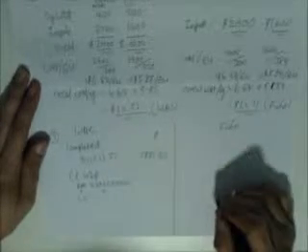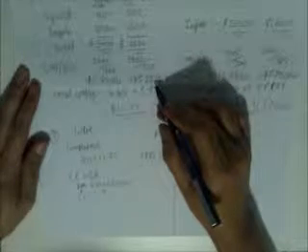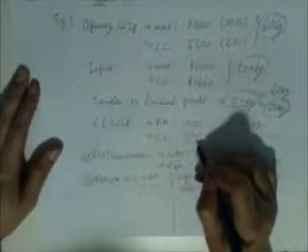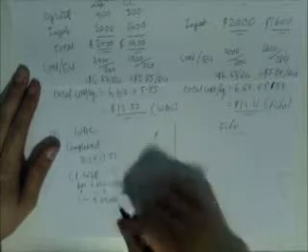Plus, my conversion cost per equivalent unit is 5.85. How many kilos are there for the closing work in progress? It's 50 kilos. And what percentage of closing work in progress in terms of conversion cost is complete? 30%. So 50 kilos times 30%, because it's only 30% complete in terms of conversion cost.